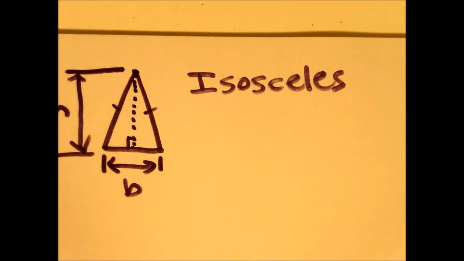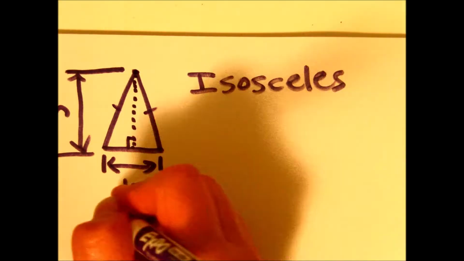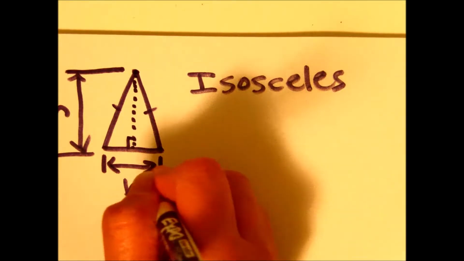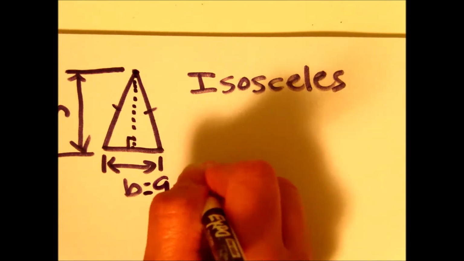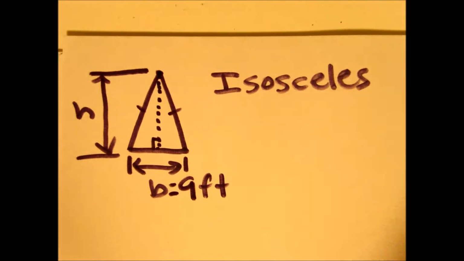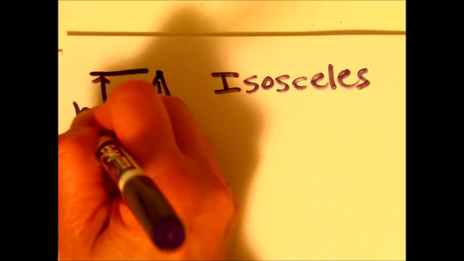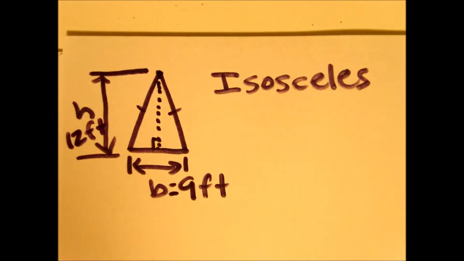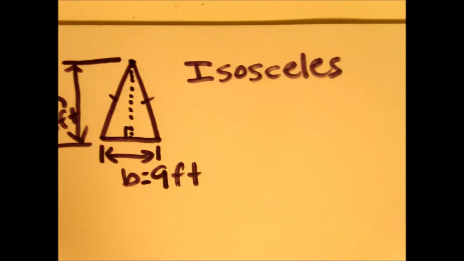Now I'll go ahead and give you some numbers. Let's say the base is equal to 9 feet, and the height is going to be 12 feet. All right, so again, you want to write out your formula.